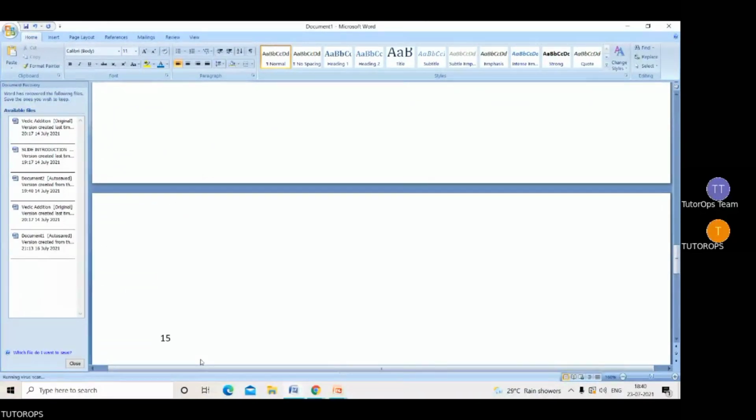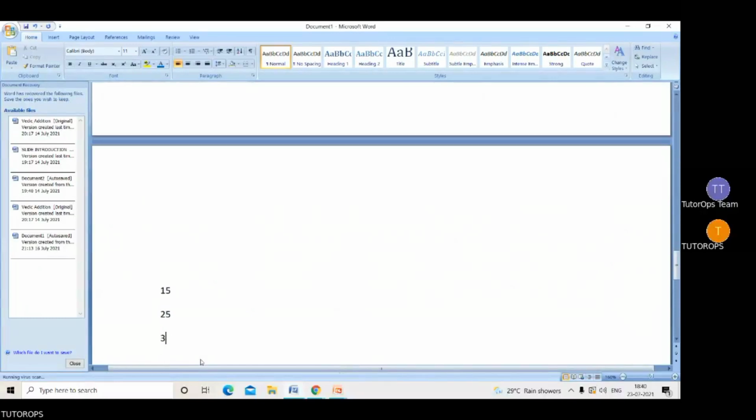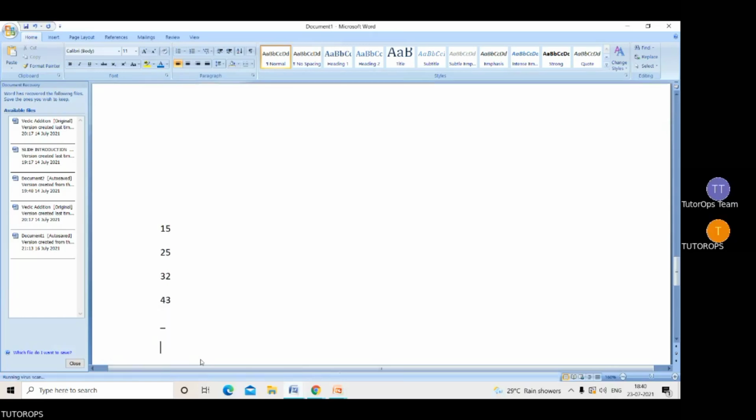Say 15 plus 25 plus 32 plus 43. Now what will be the result? We will calculate the result from the bottom, from the last column, as usual addition.